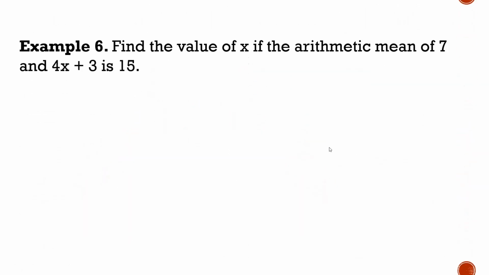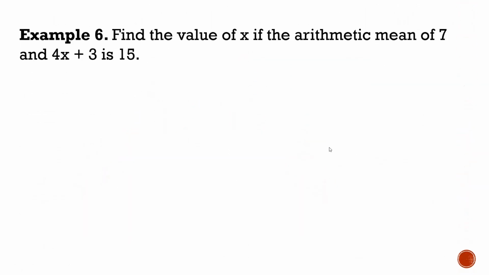Let's go to the second to the last example. Find the value of x if the arithmetic mean of 7 and 4x plus 3 is 15. Now, in this particular example, we need to remember the formula I introduced to you earlier, the first formula, the one that I gave you for examples number 1 and 2.